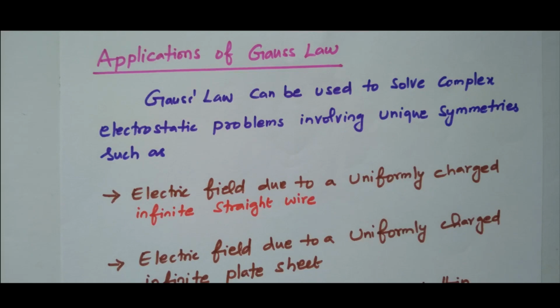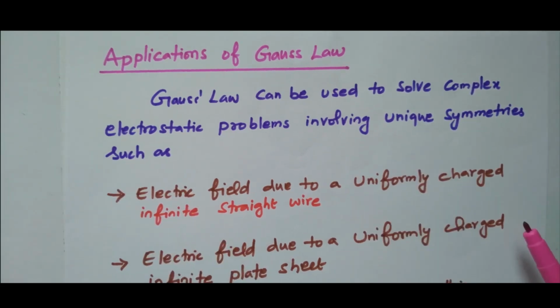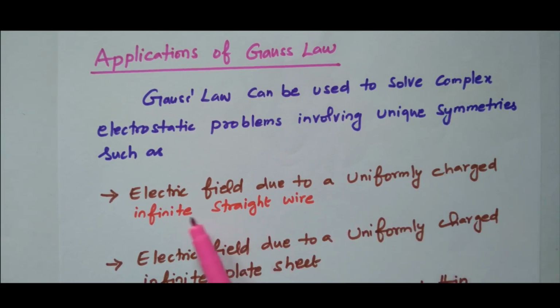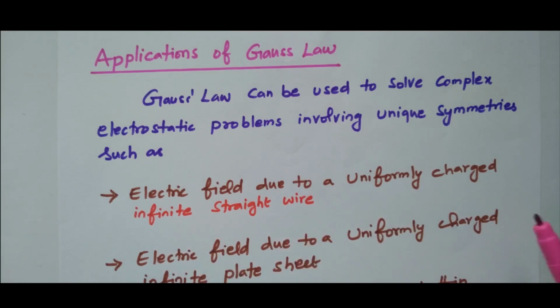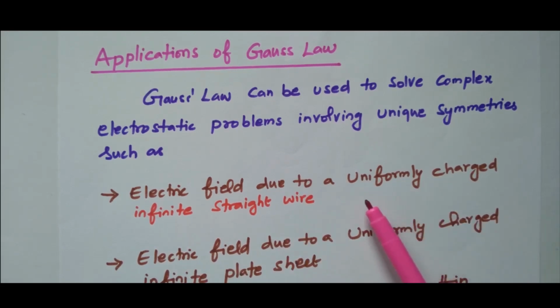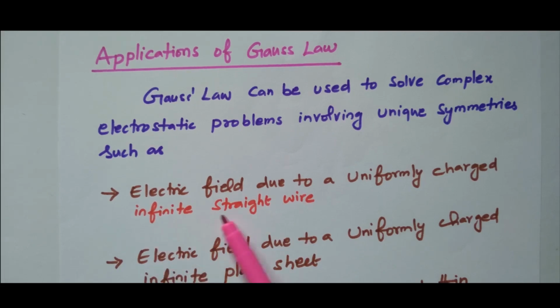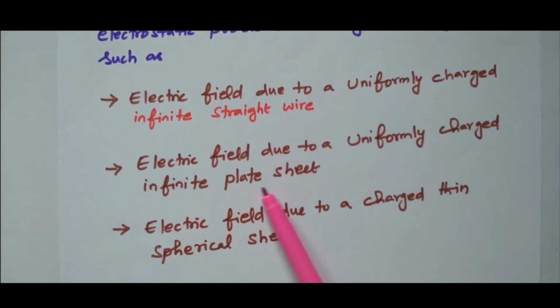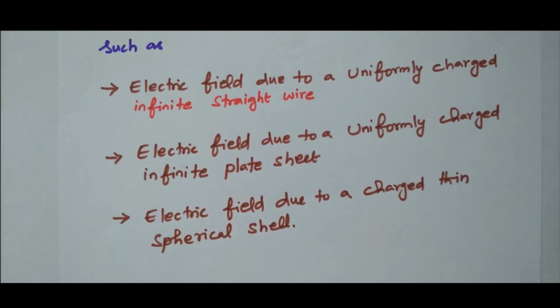Now we'll see the applications of Gauss law. What is the main application of Gauss law? Gauss law can be used to solve complex electrostatic problems involving unique symmetries, such as the electric field intensity due to a uniformly charged infinite straight wire, infinite plane sheet or spherical shell.